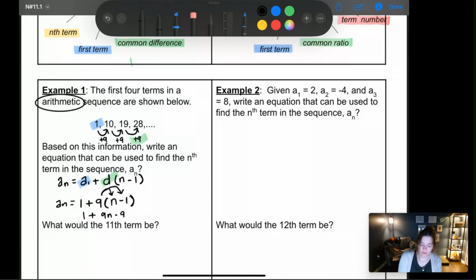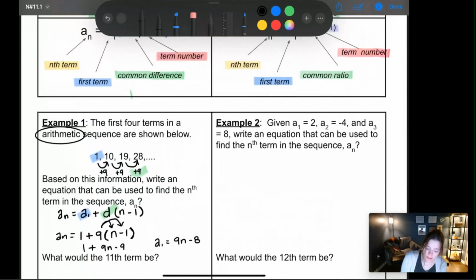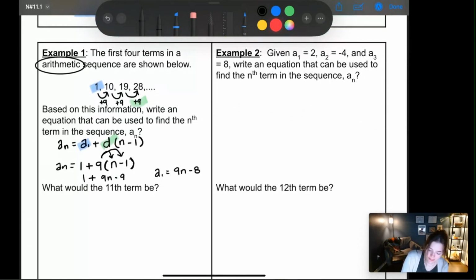Negative 9 and 1. What would negative 9 and 1 be together? Negative 8. So the equation is really 9n minus 8, because we had to simplify. Okay, so that is your equation. Now you can plug in what n would be, the term number that it's asking for.